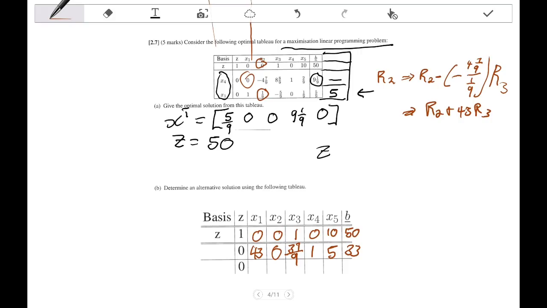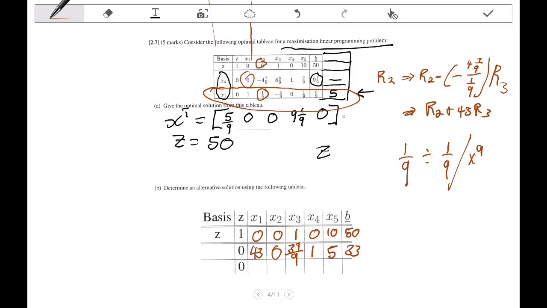Then for the last row, since we should achieve 1 on 1 over 9, to get 1 on 1 over 9, you can divide this by 1 over 9, or you can multiply by 9 to get 1. So to get 1 here, you have to multiply this by 9 or divide by 1 over 9.